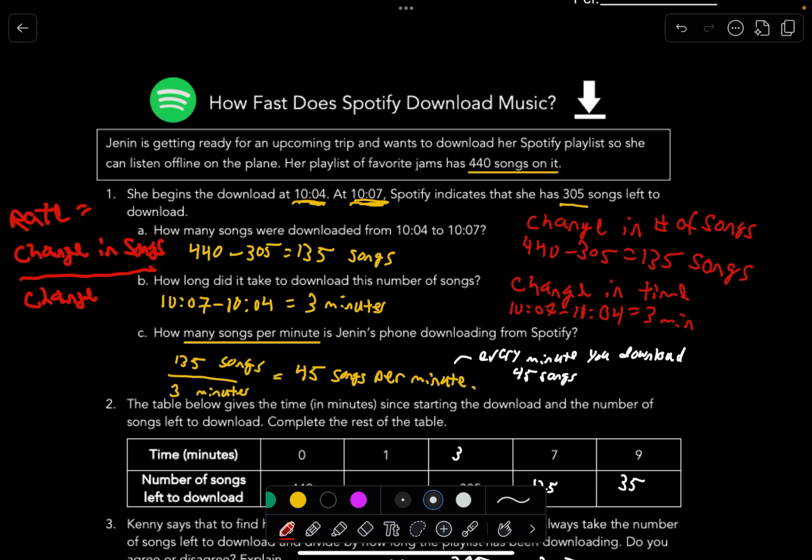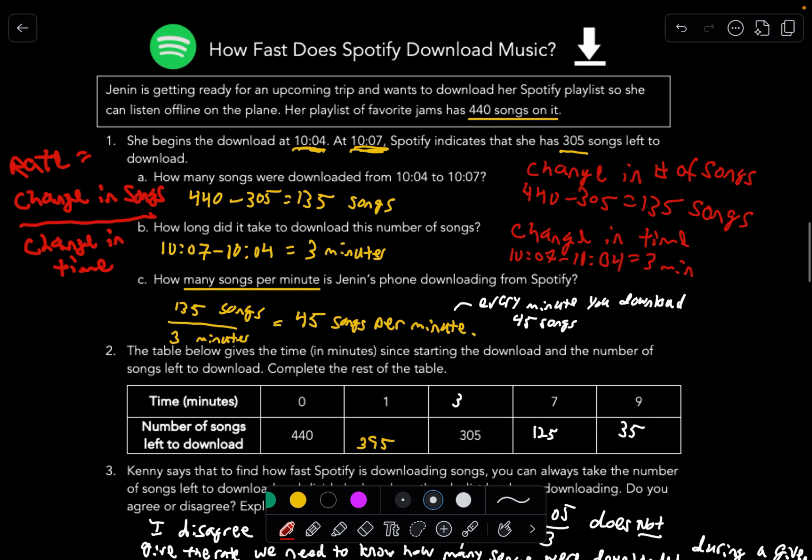Key word is change. Change. Okay. It has to be the change in time and the change in the number of songs. You don't divide the number of songs by the time. It's the change. How much did it change going from one time moment to another moment? Okay.